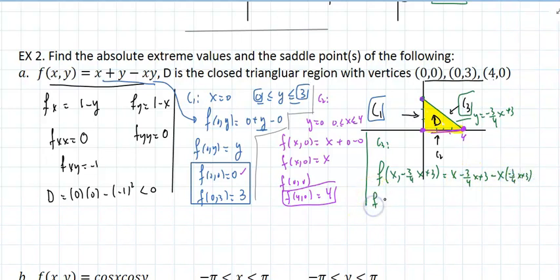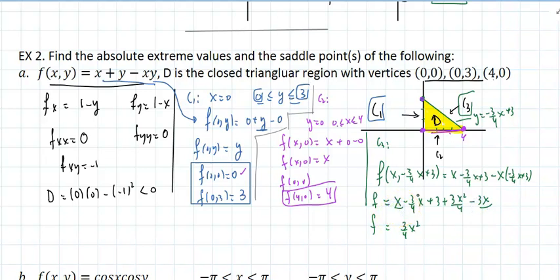f will equal, and let's see how this works, x minus 3/4 x plus 3 plus 3x squared over 4 minus 3x. So altogether, I'm looking at a function that has 3 over 4 x squared.